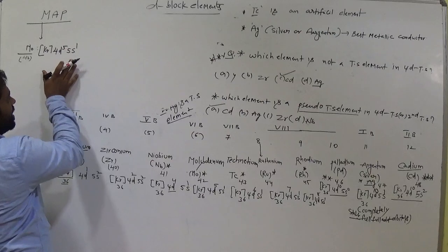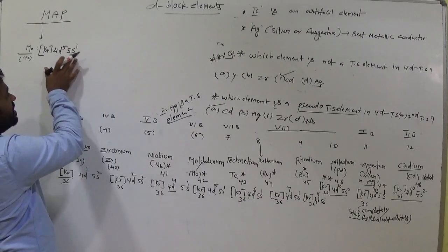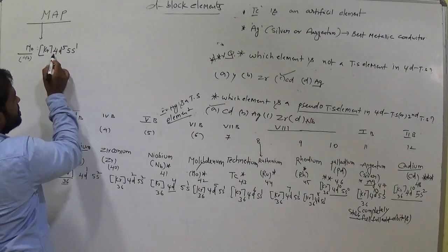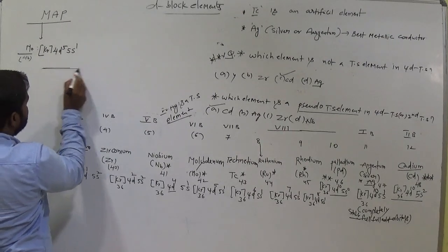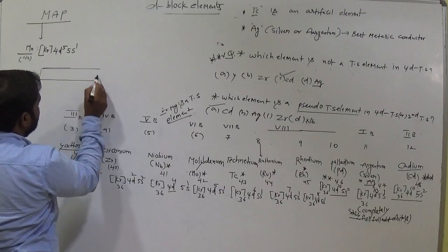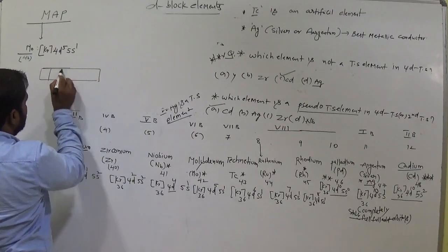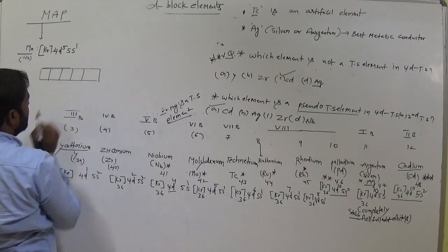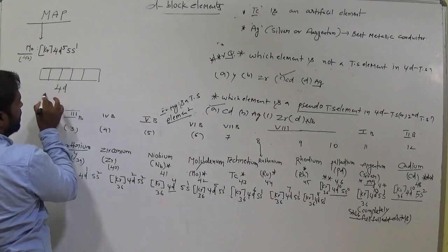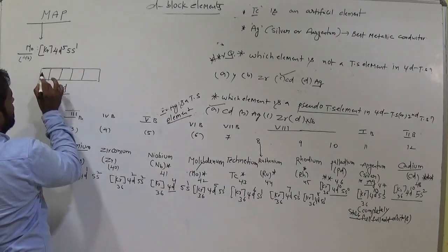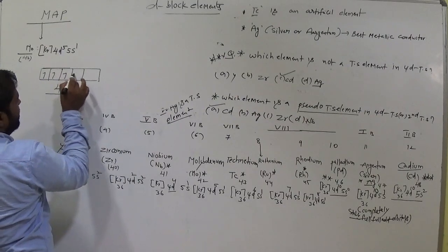Now I am telling you this is stable. Why? Because of 4d5. How many electrons in 4d? 5 electrons: 1, 2, 3, 4, 5.